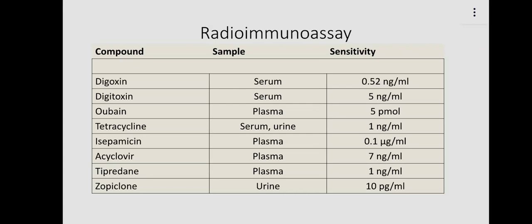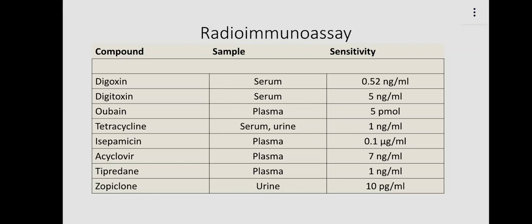Most of the current radioimmunoassay methods are automated, and the separation is assisted by using antibodies which are bound to a solid phase matrix, like the 96 well plate.